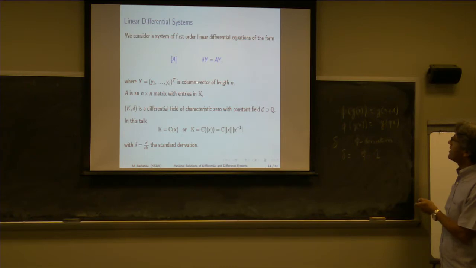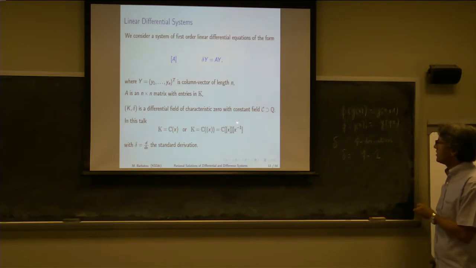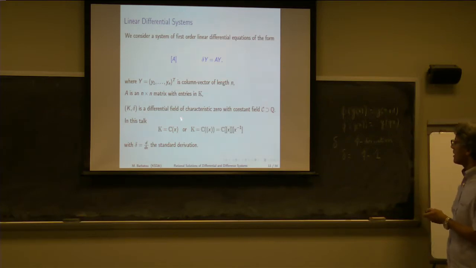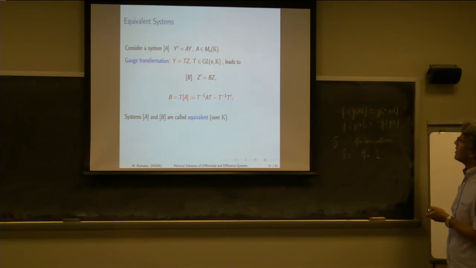The field here would be C of x, C being a constant field containing Q and contained in the complex number field. This is just for the notation, the equivalent system in the differential case. This is sometimes called the gauge transformation.